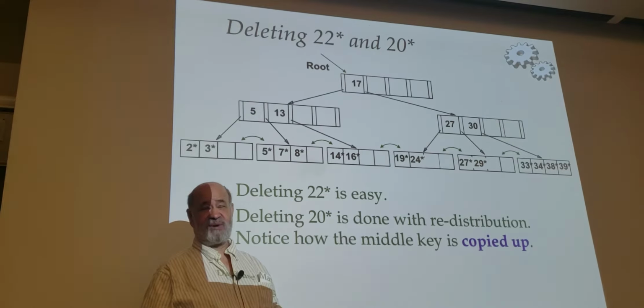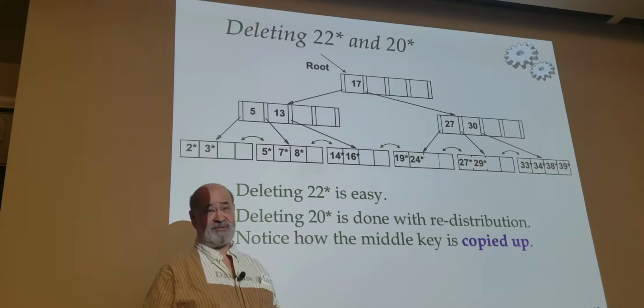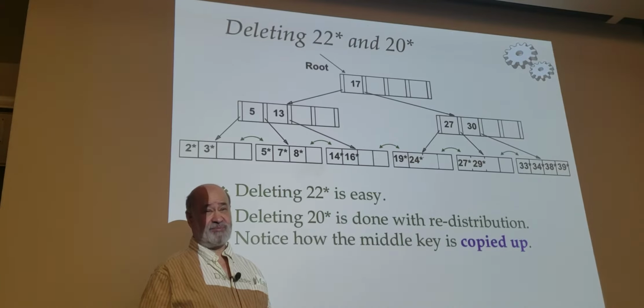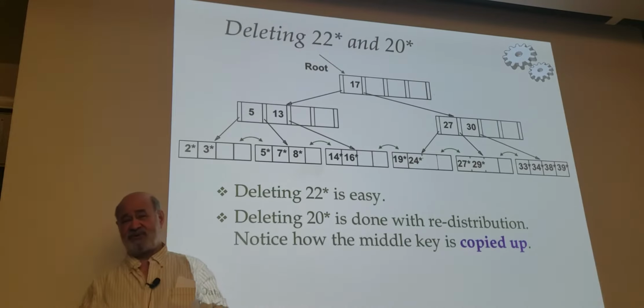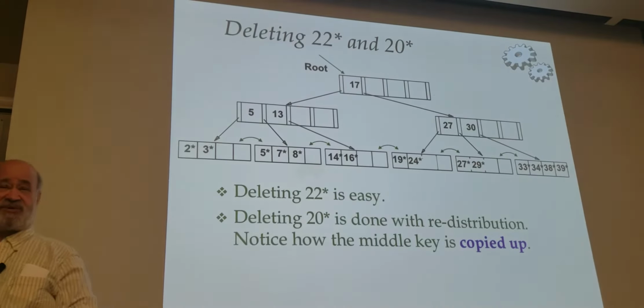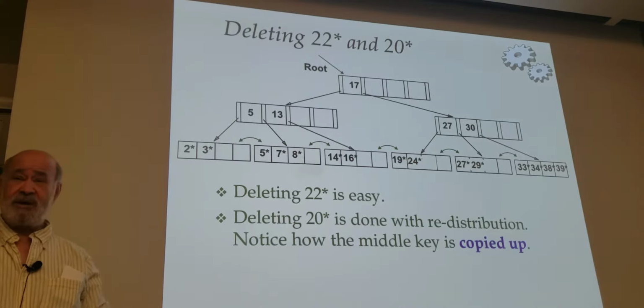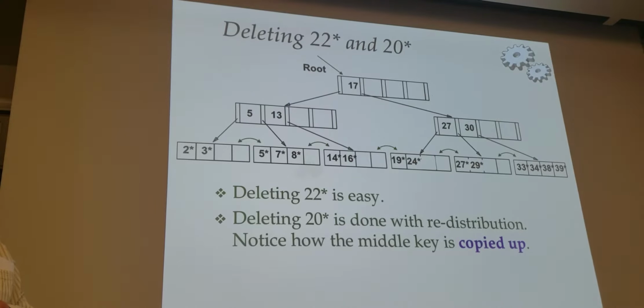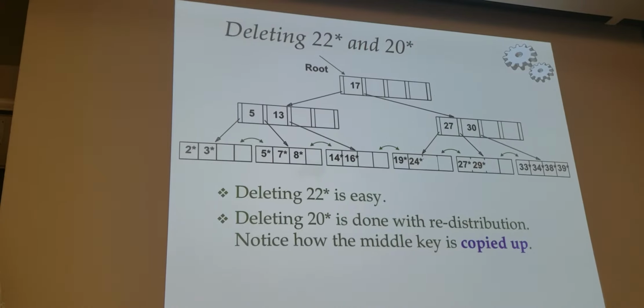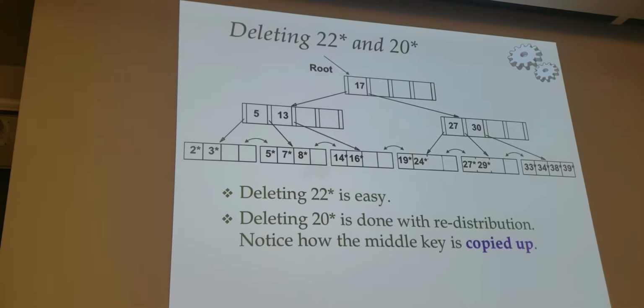You can't steal from either sibling because both siblings only have 2 entries. And that would fix you, but it would put your sibling in a fix. So there's nothing you can do about that in terms of stealing from a sibling. So we're going to end up doing a merge. We're going to do the merge of the node that now only has the 19 in it together with the 27, 29. So we're going to see what we can do about doing the merge after we delete the 24.